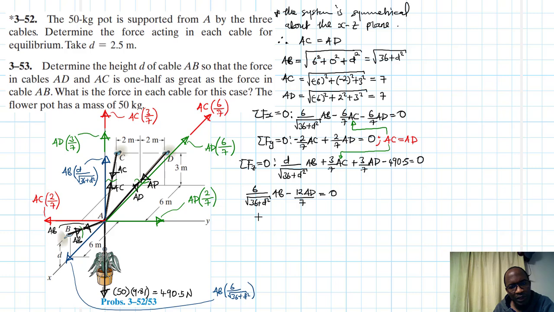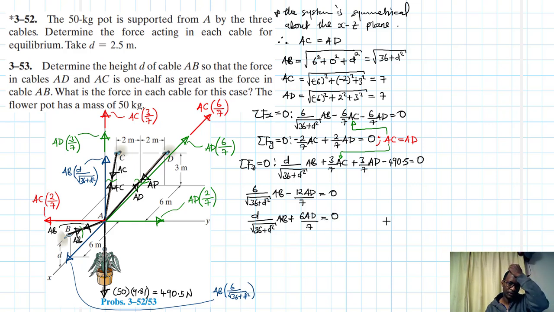We do the same there. We have d divided by root of 36 plus d squared AB plus 6 AD divided by 7 equal to 0.